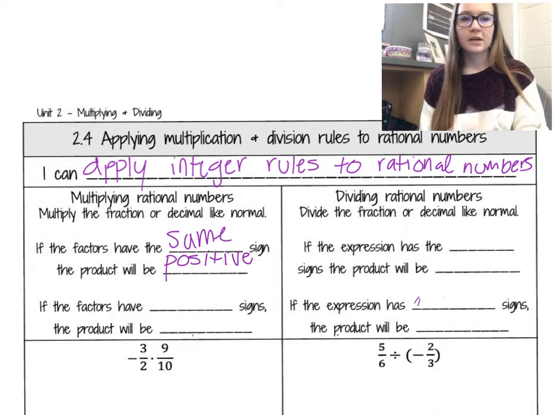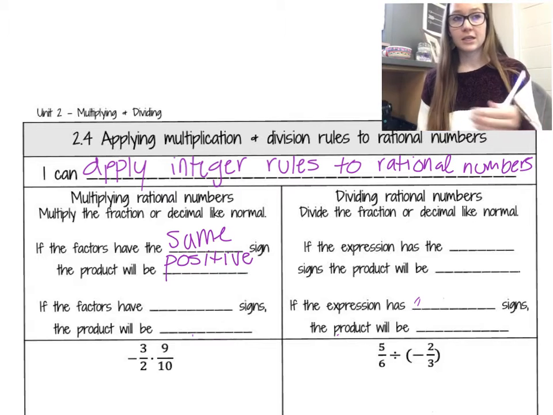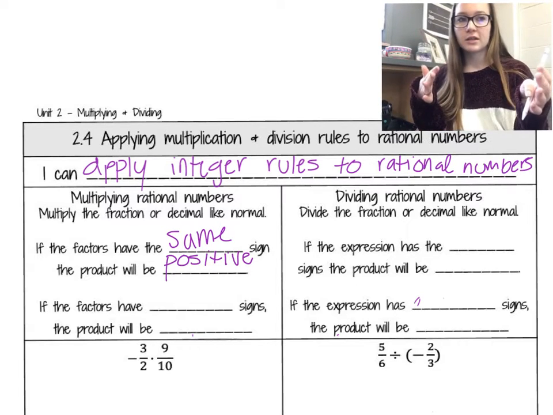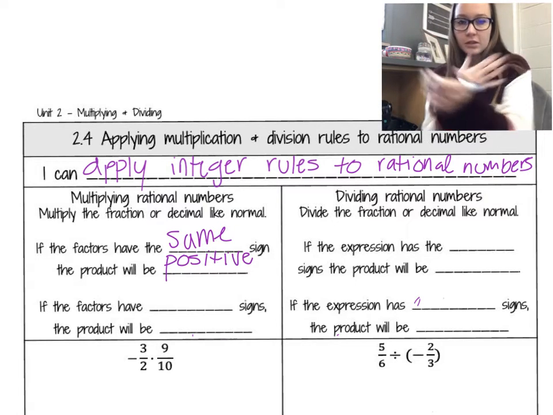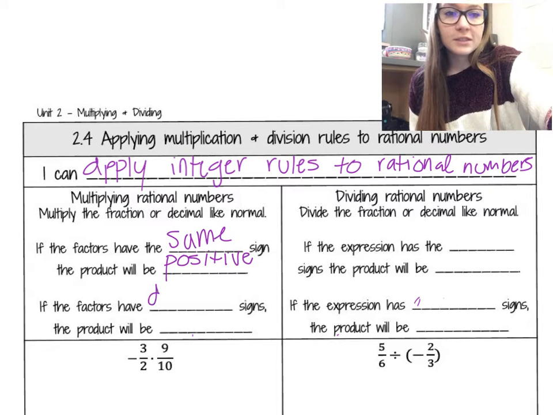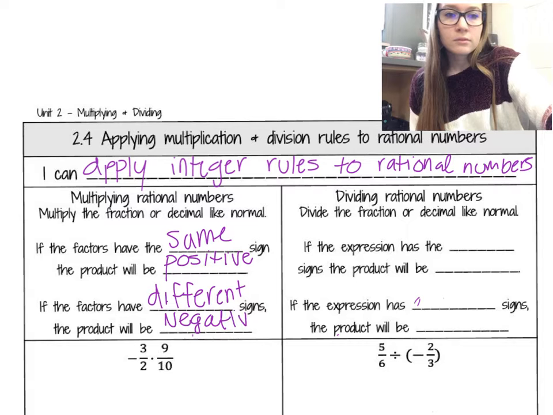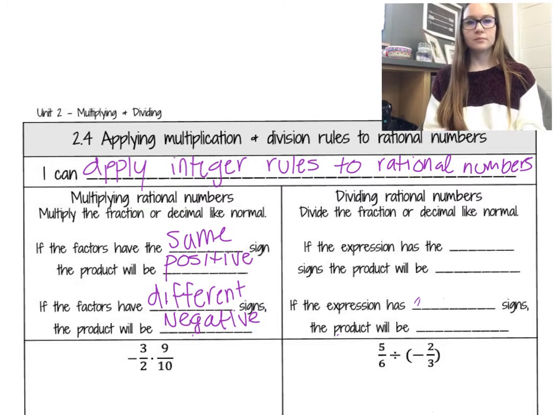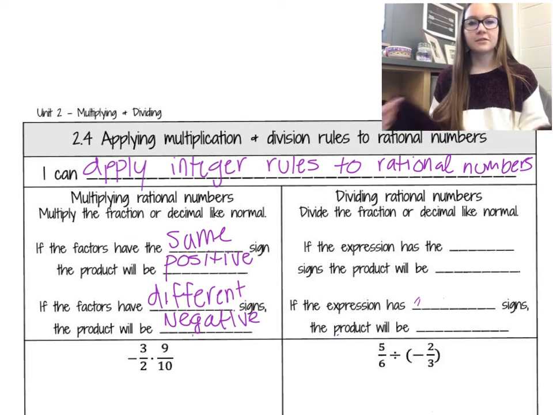So same sign is positive. If they have different signs, so a positive times a negative, or a negative times a positive, the product is negative. So same sign is positive, different sign is negative.